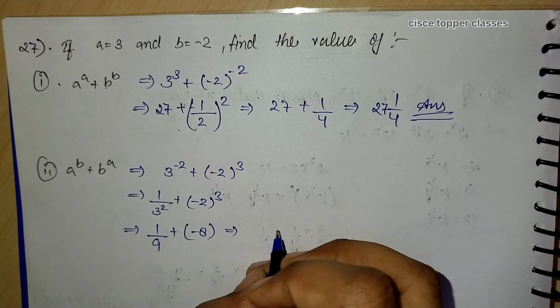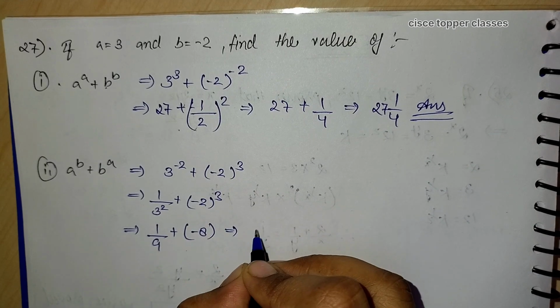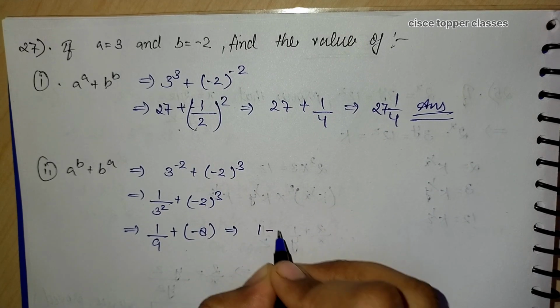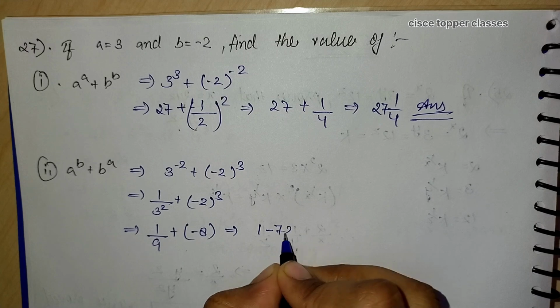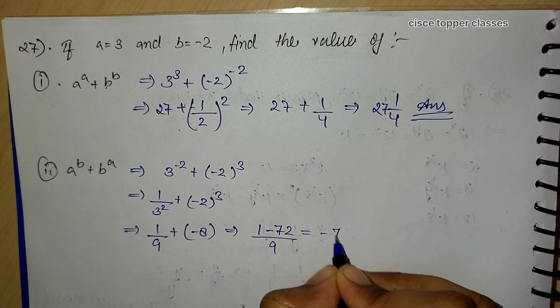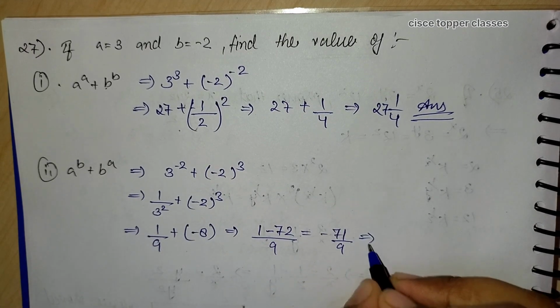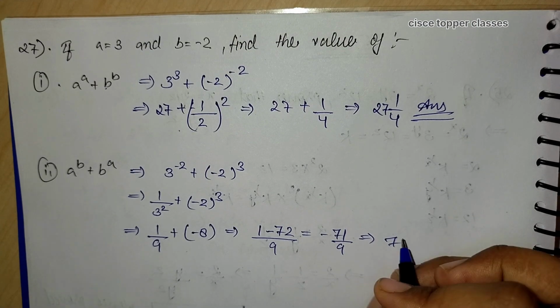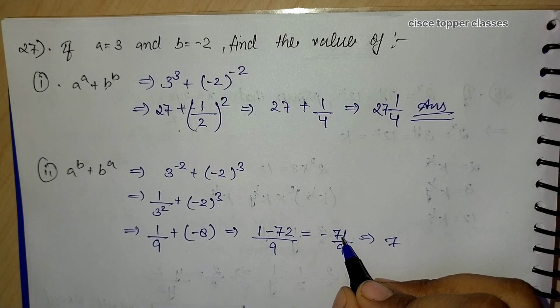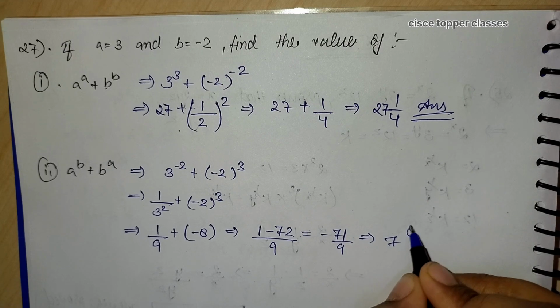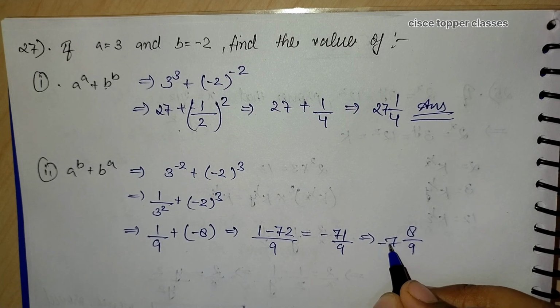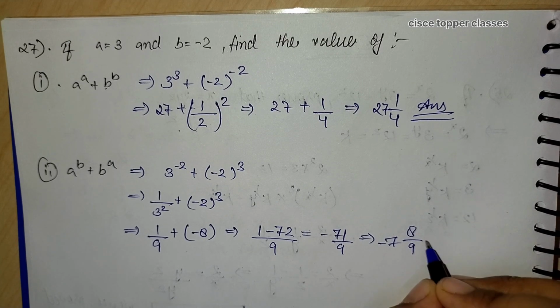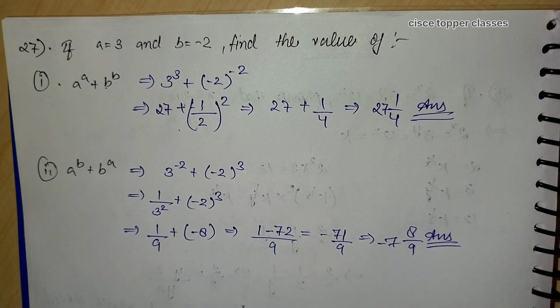So 1 minus 72 divided by 9. It will be minus 71 by 9. We can simply write it as minus 7, 8 by 9 is the answer of the second part. So this is the answer.